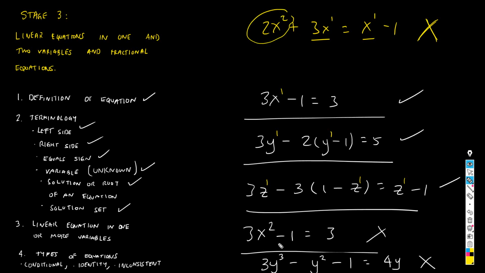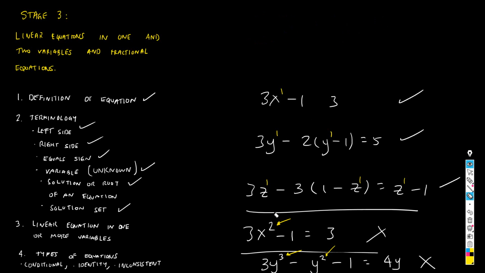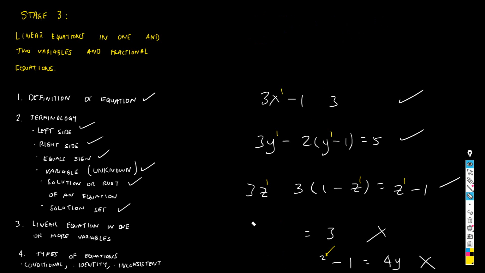And that's why this equation is not a linear equation because of this, and this other equation is not a linear equation because of this and because of this. So that's the definition of a linear equation. It's an equation whose variables are raised to the first power. All of the variables.